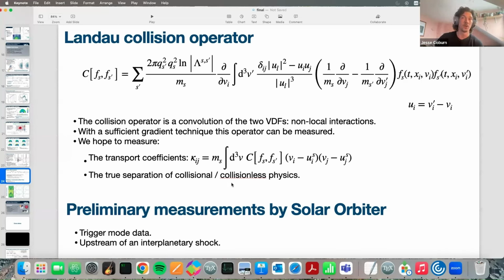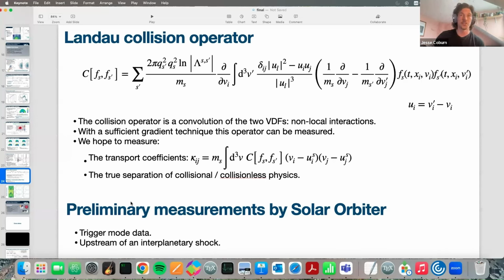I've just written one of the simpler transport coefficients to express, but if you've ever looked through the right places of the NRL handbook or you sat through some fusion lectures, you know that these transport coefficients are the game, and you know that they're hard to calculate. They're messy and have all kinds of approximations. But if we can measure them directly, that's great. Okay, and then we can find the true separation of the collisional and collisionless physics in the solar wind.